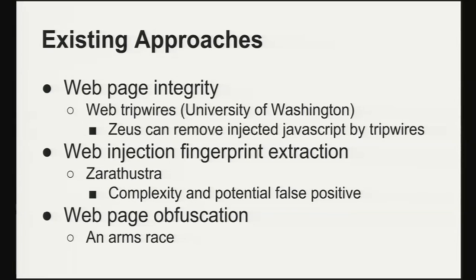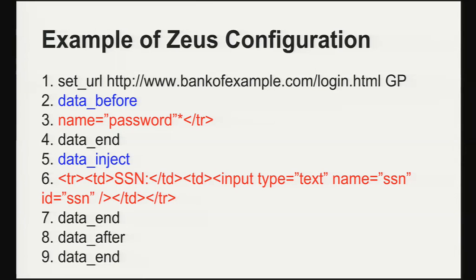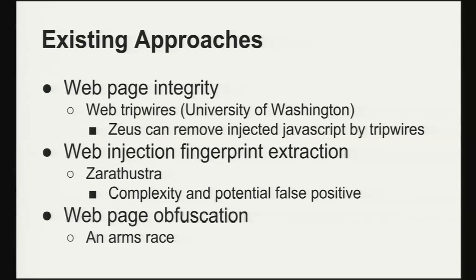However, as shown by TrustWave at the RSA 2014 conference, they gave a very simple demo just using the configuration I presented in the previous slide. With a little bit of modification, they can remove the injected scripts by Tripwire. Then the scripts are removed, so the Tripwire solution will not work in that case.